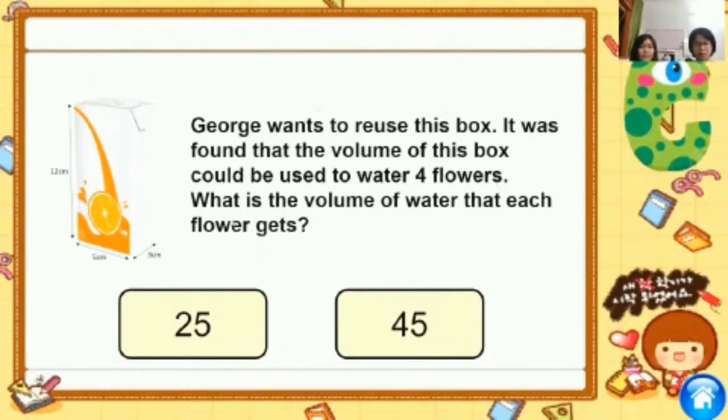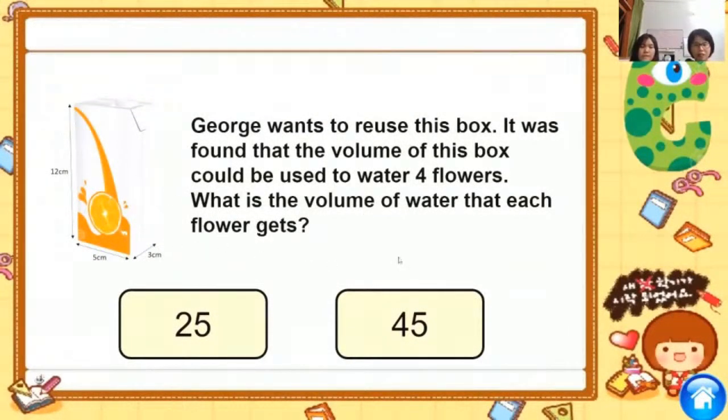In order to solve this question, students first have to calculate the volume of this box. This box is a cuboid, so you multiply the length, width, and height to get the volume. Next, to get the volume of water that each flower gets, students have to divide the volume of this box by 4.